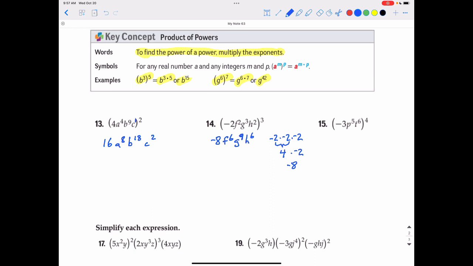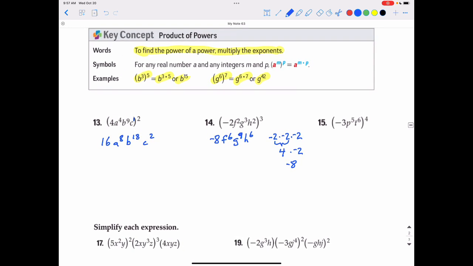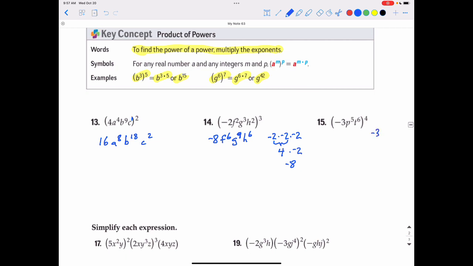And then finally on 15, I have negative 3, p to the 5th, t to the 6th, all to the 4th. So again, if we take negative 3 to the 4th power, that's negative 3 times itself 4 times. So negative 3 times negative 3 times negative 3 times negative 3. Let me write it over here because I'm running out of room.